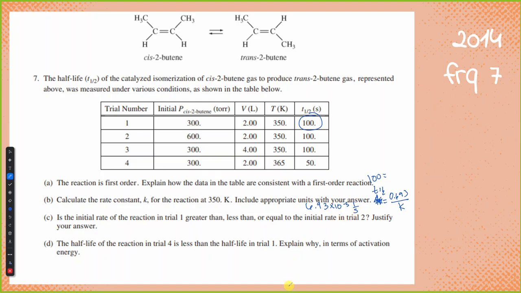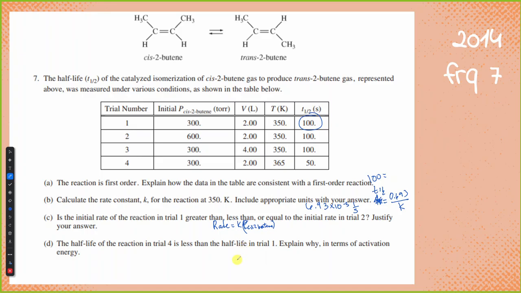Is the initial rate of the reaction in trial 1 greater than, less than, or equal to the initial rate in trial 2? Justify your answer. So rate is going to equal K times the, well, in this case, I guess we would go with the partial pressure of the cis-2-butene, because pressure is like considered a concentration.